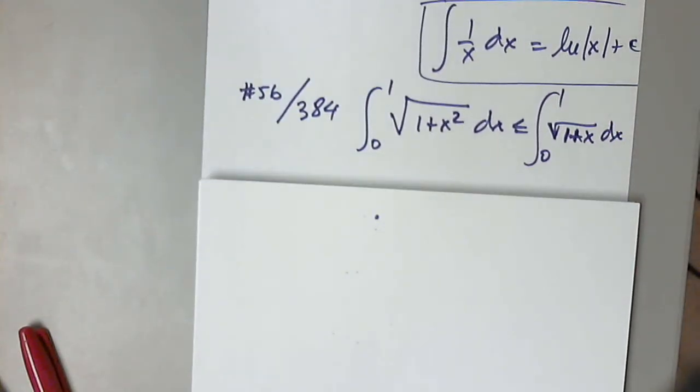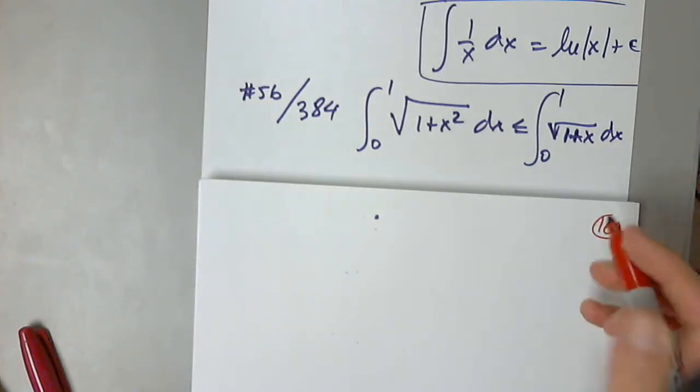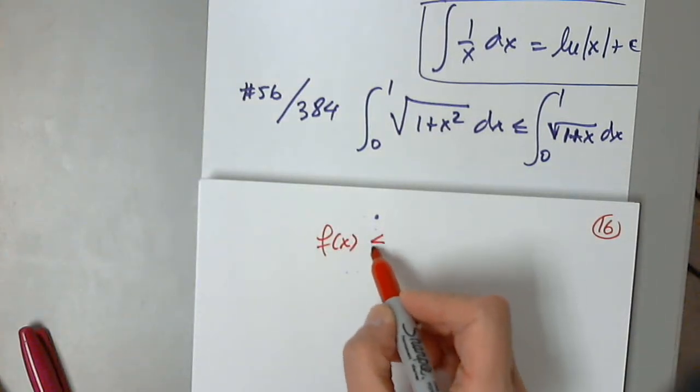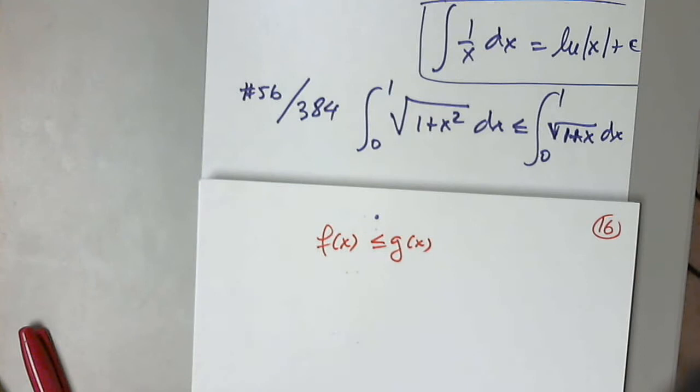And remember what the idea is here on such a property or such an inequality. We want to show this. If I manage to show that f of x, on the given interval, is less than or equal to g of x, then the area under f of x between 0 and 1 must be less than or equal to the area between 0 and 1 under g of x.